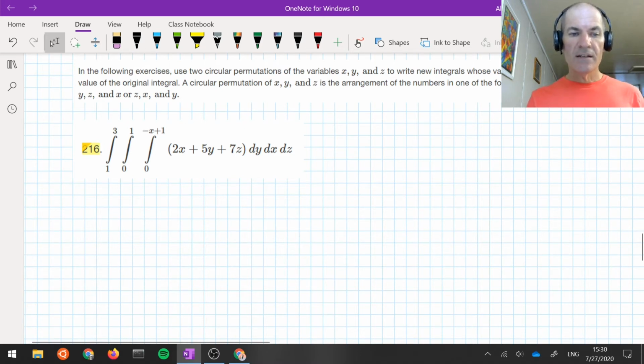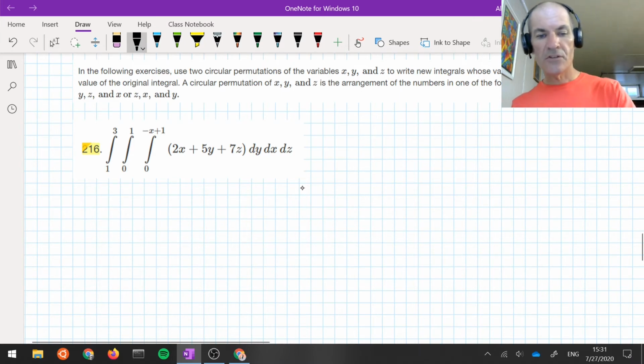X, Y, Z, the first permutation would be to take this x and move it to the end. So you get YZX. And then continuing, take the y and put it at the end, and you get ZXY. And then in fact, you can go ahead and do the last circular permutation, put z at the end, and you're back to XYZ.